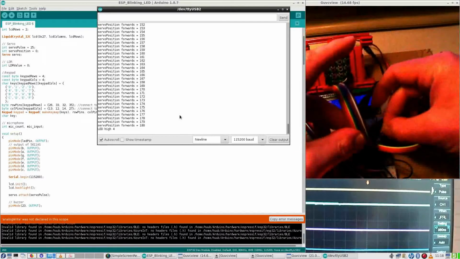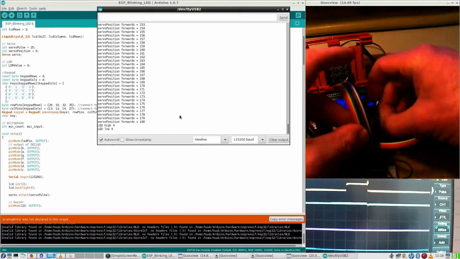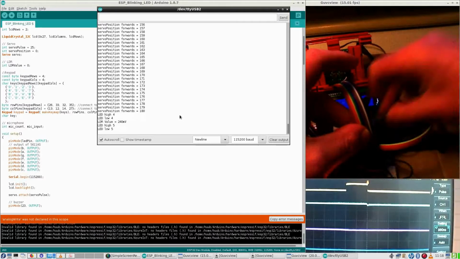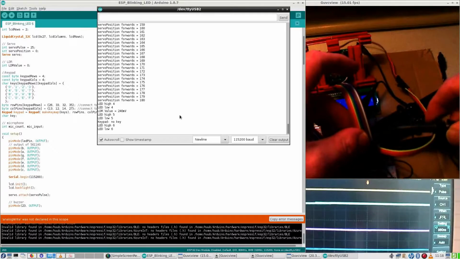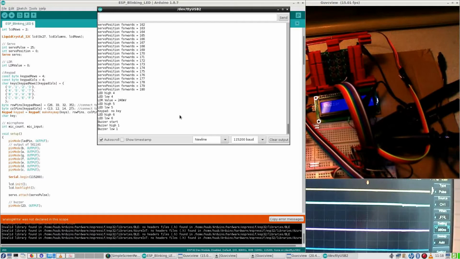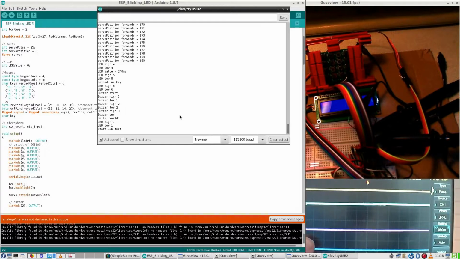Without obstructing anything, that should be this one. So I am pointing at this one. So right now the purple, this one, is row 4, and this one is column 1.